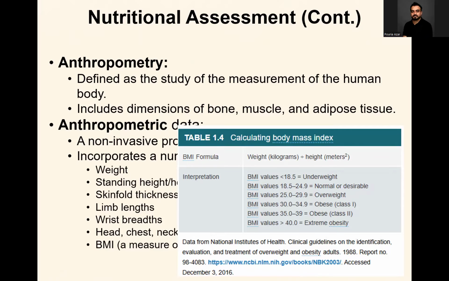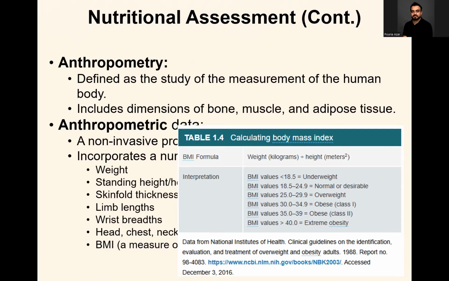And as you may know, this is the BMI formula: body weight in kilograms divided by height in meters squared. If we have body weight in pounds and height in inches, we have to multiply this fraction by 703. So remember that. Again, that can be a question on the RD exam.